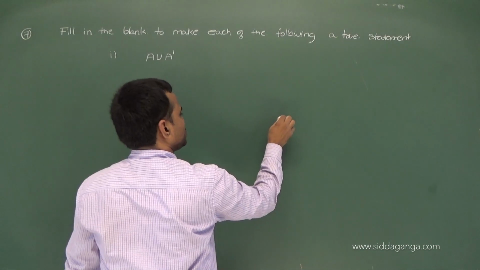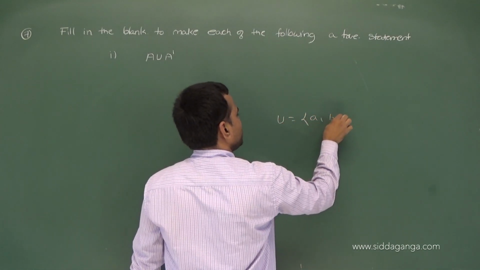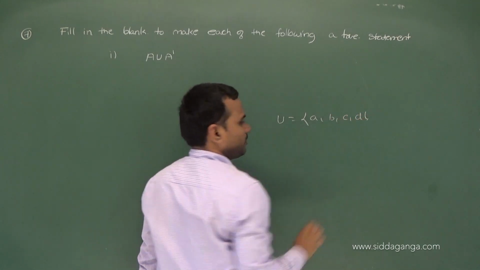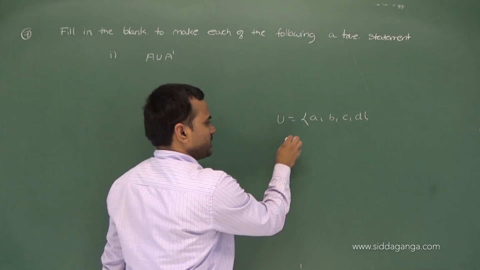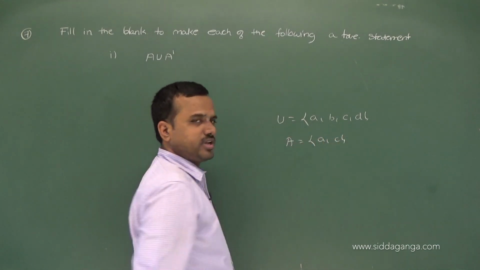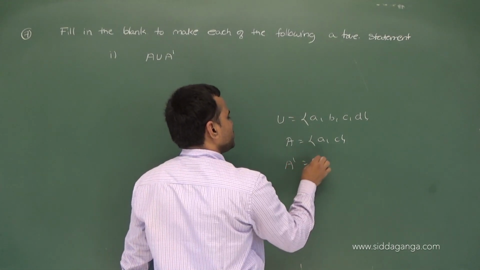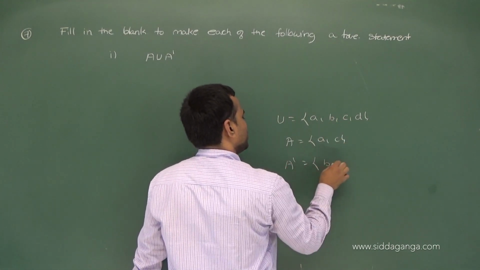In a universal set, for example, let U is equal to {a, b, c, d}, four elements are present. For a simple example, A is equal to {a, c}. What about A dash? A dash is nothing but {b, d}.